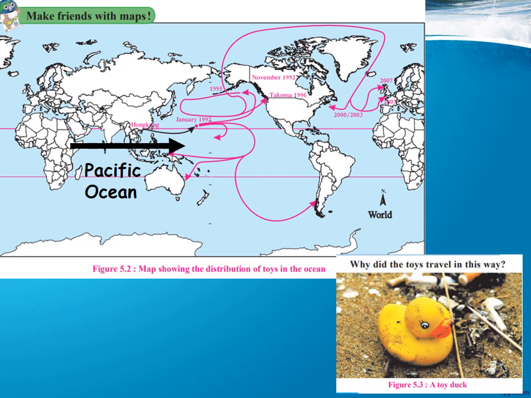Some of them also floated to the Atlantic Ocean from the Arctic. Some of these reached the eastern coast of America in 2003, and some of the toys had even reached the European coast by 2007. From the Hawaii Islands, some toys took the route to Australia.